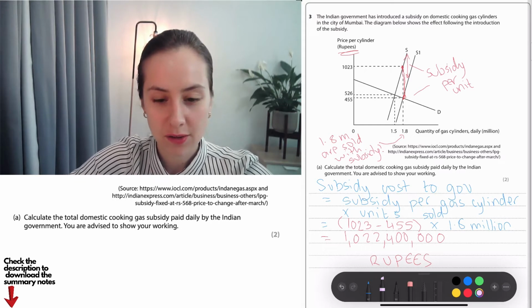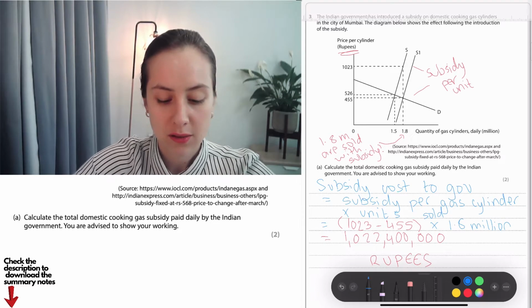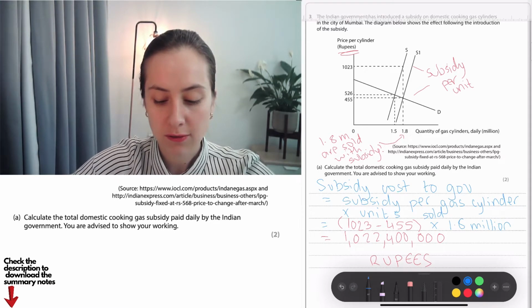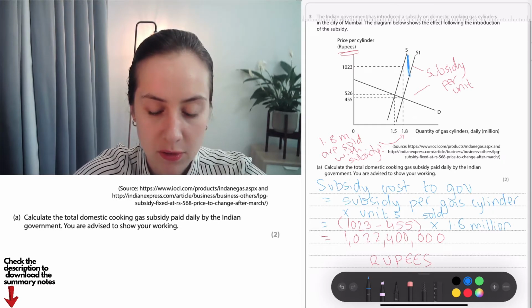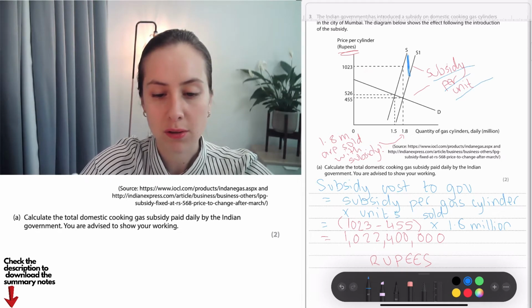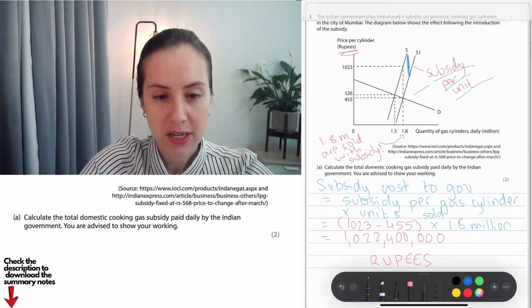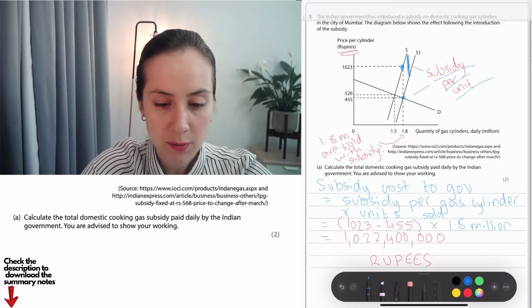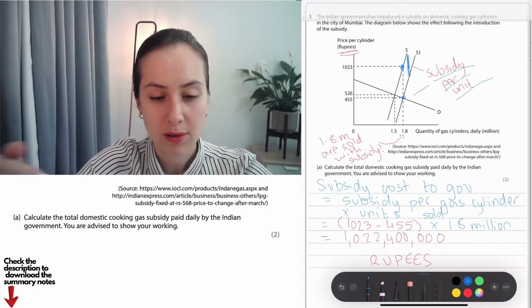Subsidies are good fun, but they can also be tricky in your diagrams. Did you know that the subsidy, you can always find it by taking a look at the gap between your supply curves. That vertical distance is your subsidy per unit. So I don't have any numbers there. Luckily, I do have numbers somewhere else. The gap between here and here is going to be the same gap as everywhere else because it's a parallel curve.